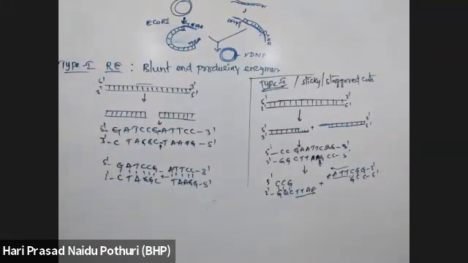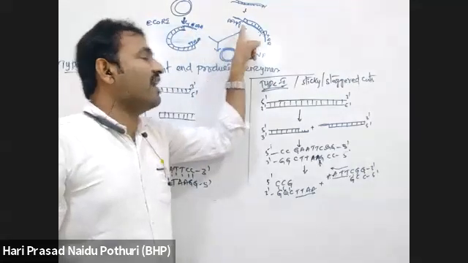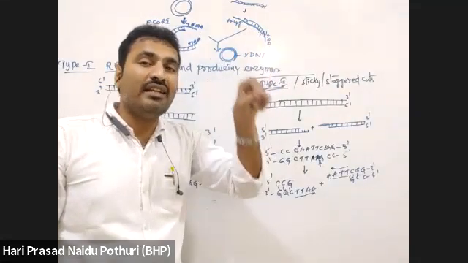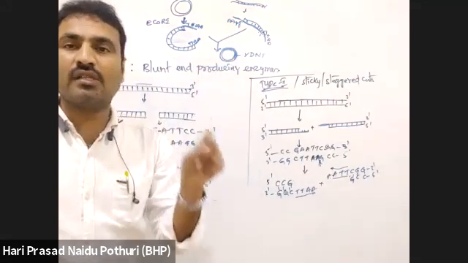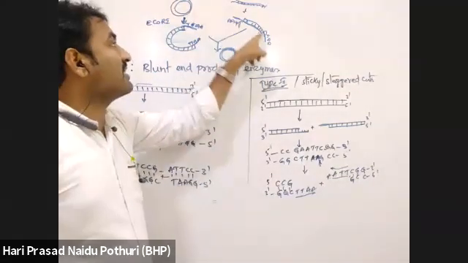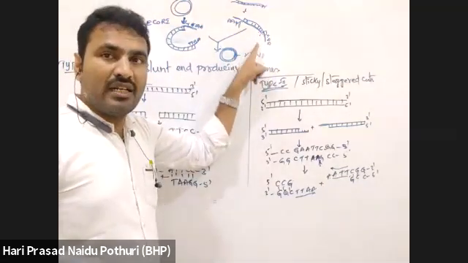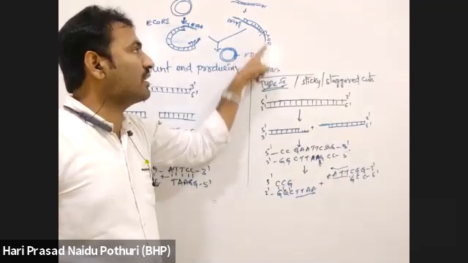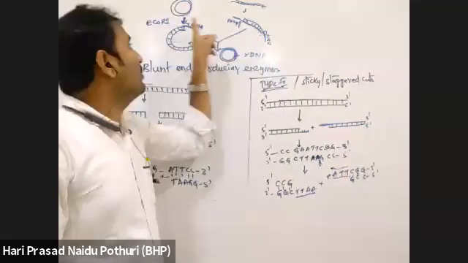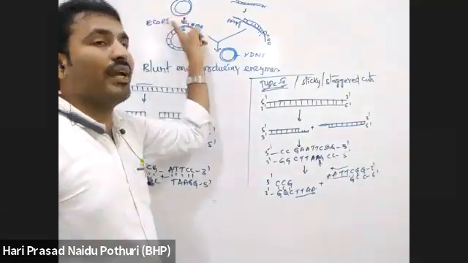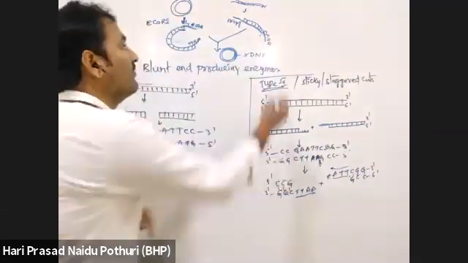So when we use the same enzyme to cut the vector and the desired gene, then only the vector ends and DNA gene ends contain the same sequences in those sticky ends. Sticky ends will have the same restriction sequence or the same single stranded sequences when we use the same enzyme to cut the vector and the DNA. Then only they can join.